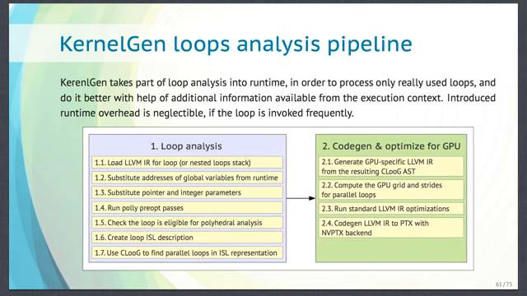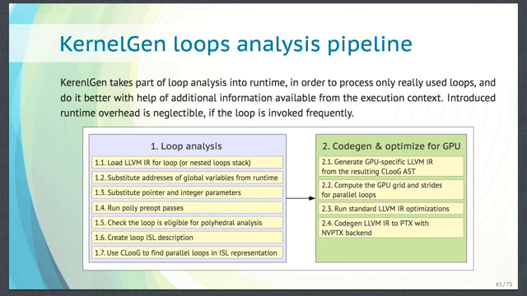The key things about the loop analysis pipeline: we rely on polyhedral analysis passes contributed to mainline LLVM. As you may know, polyhedral analysis is also capable of transforming serial loops into parallel loops. We are not using this functionality at this moment. We are utilizing polyhedral passes only to make sure the initial representation of the loop contains independent iterations.